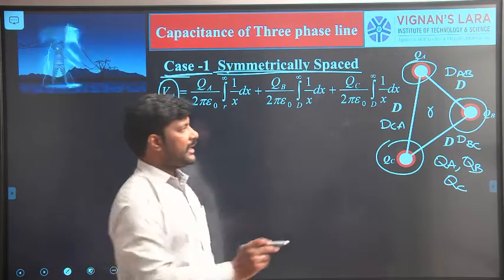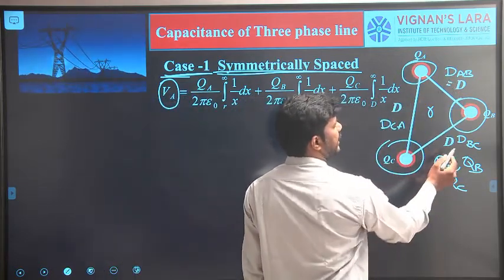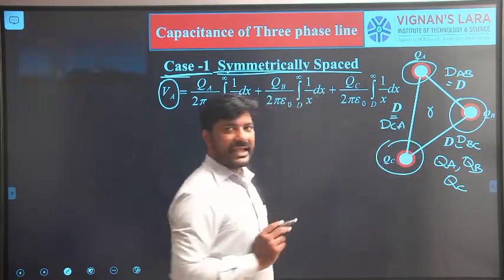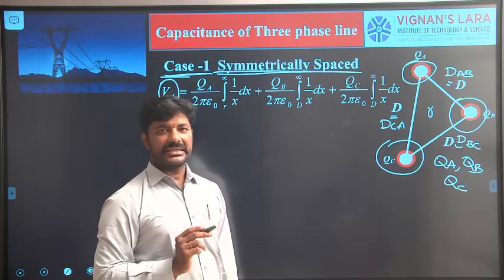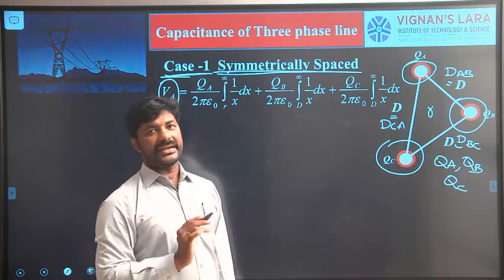So DAB, I will now call capital D. DBC is also capital D, and DCA is also capital D. Therefore, these three conductors are located at the corners of an equilateral triangle.